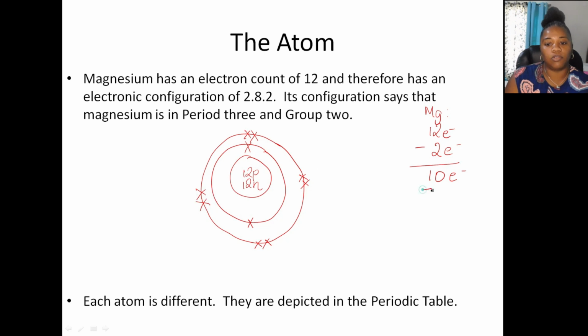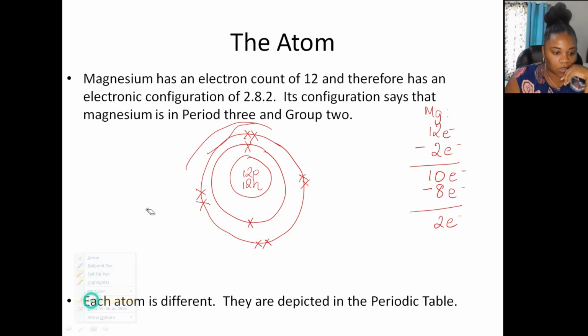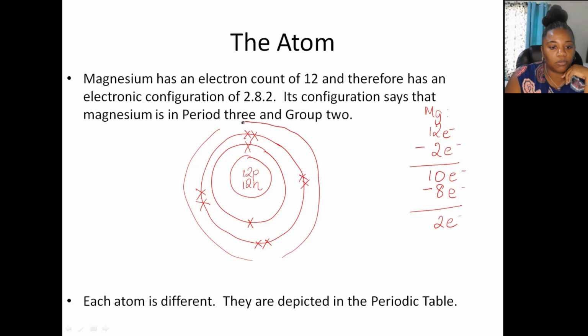And so we're going to subtract 8 from here, and we have 2 left over. So we therefore know that the last shell can hold a maximum of 18. So we're going to just put the 2 electrons out here.